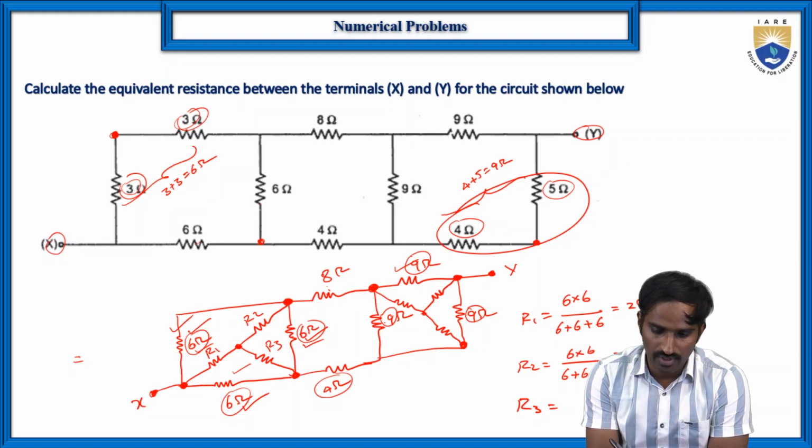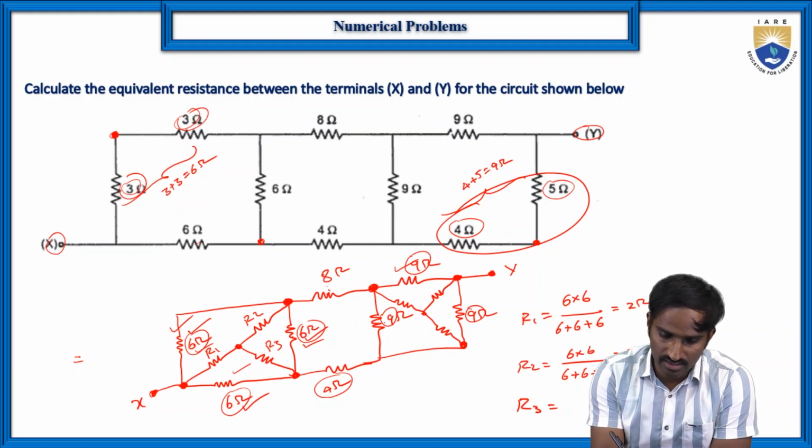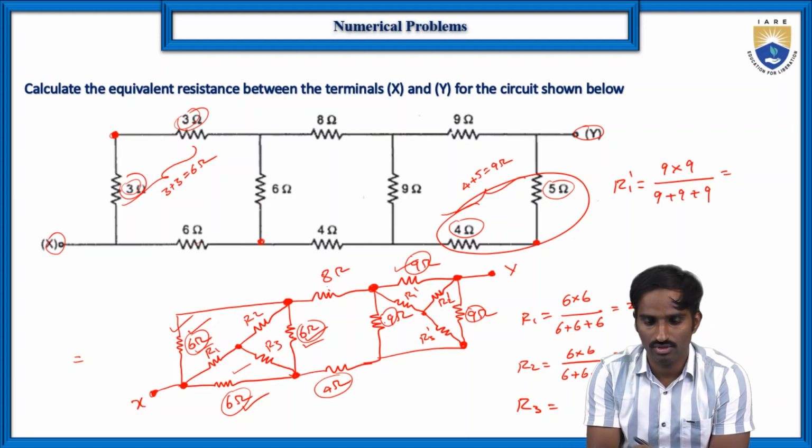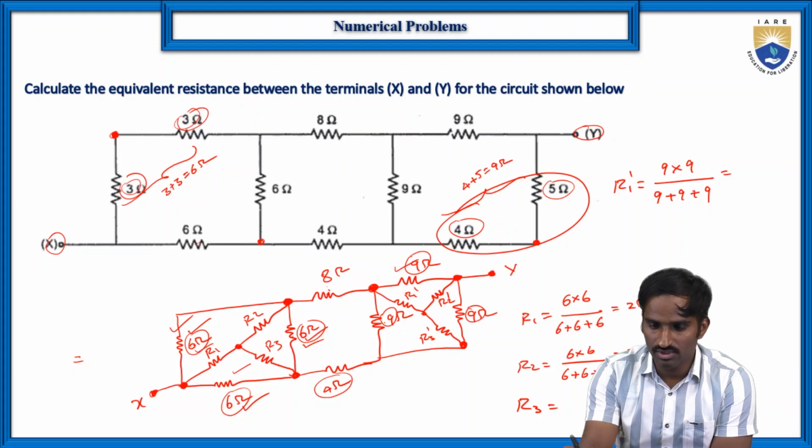Now let us consider here R1 dash, R2 dash and R3 dash. R1 dash is equal to the resistors connected to that particular node, 9 into 9 by the total resistance, 9 plus 9 plus 9, which is equal to 3 ohms.